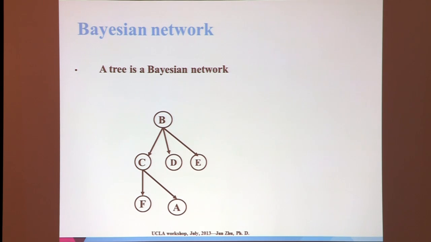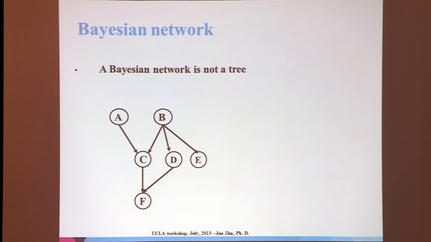So yes, it is a Bayesian network, but a Bayesian network is not only a tree. Like in this form, you can go from here to here. It's not exactly a tree. So Bayesian network actually captures a lot more than just the standard tree, what people use as a decision tree.